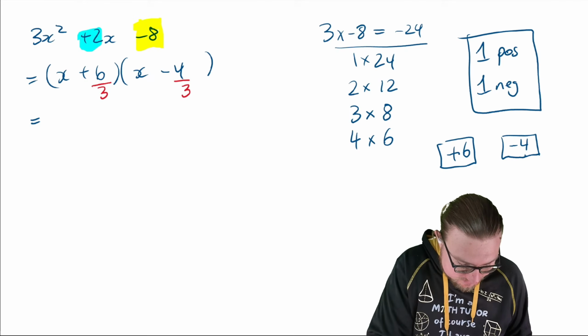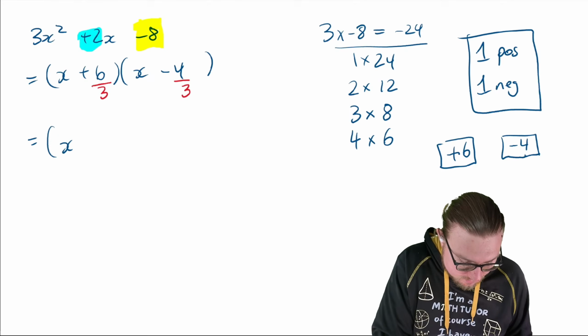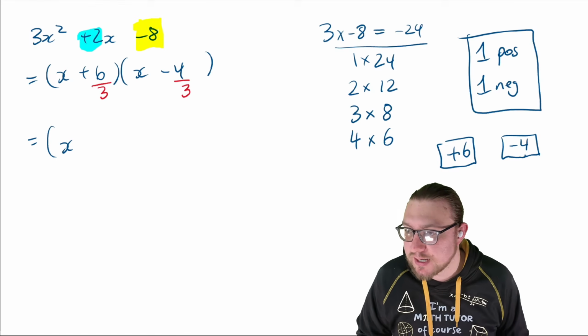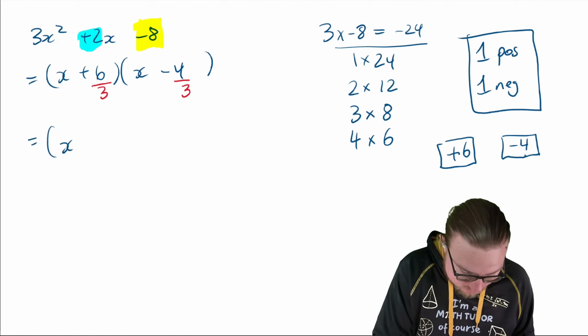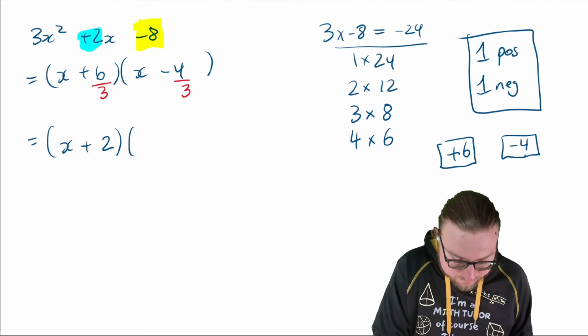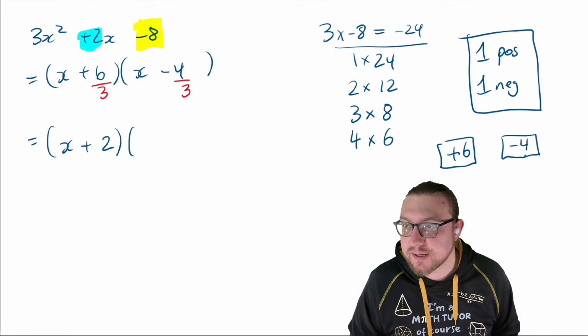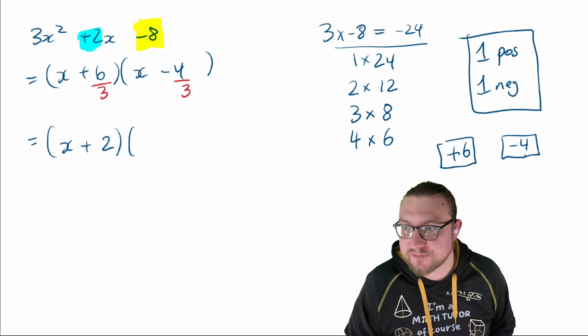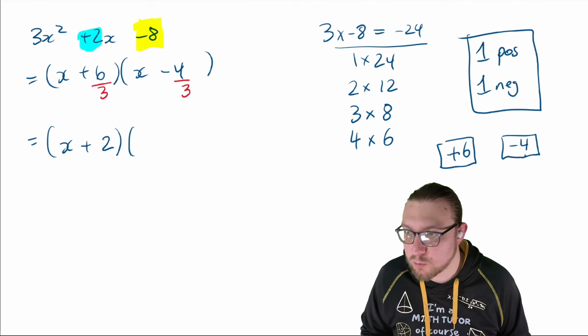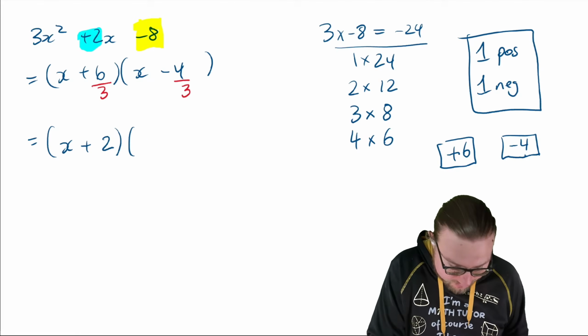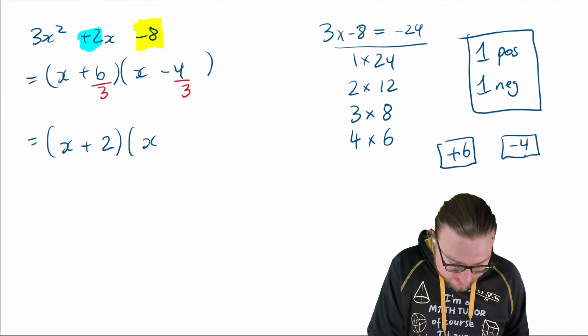And simplifying this in the calculator, 6/3 is actually 2. 6 divided by 3 works perfectly to make 2. And 4 and 3, they are coprime. That means 4 cannot have the same factor as 3 except for 1, and 1 is kind of a boring factor to have. So we're going to get x minus 4/3.